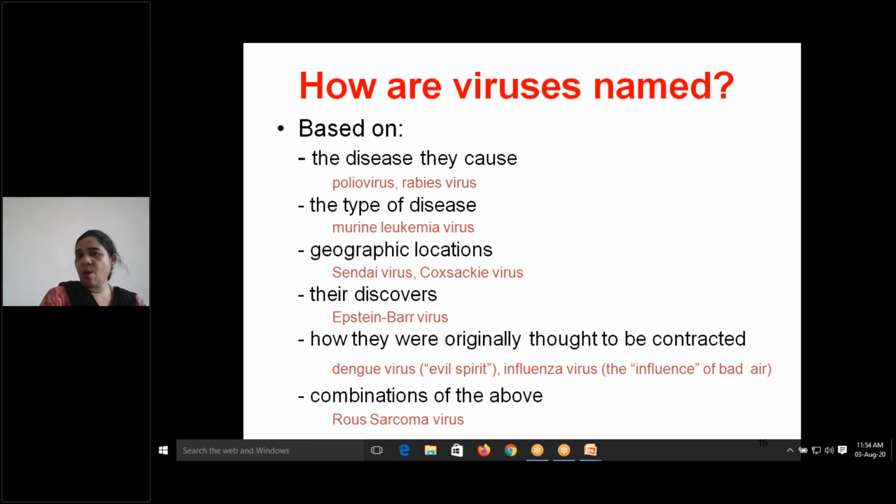It is a common type of respiratory infection. Why do we say variant? Because that usually spreads by contaminated things. Combination of all of the above. Example, Kaposi sarcoma.